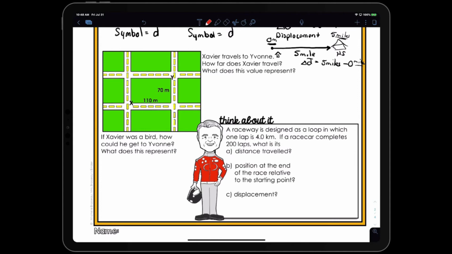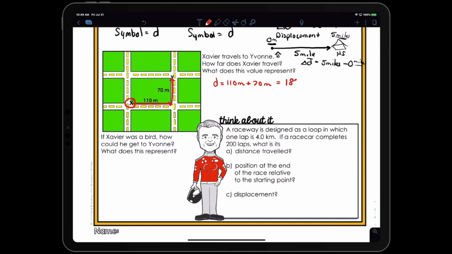So we have Xavier travels to Yvonne's house. And it says, how far does Xavier travel? Okay, so if Xavier starts at his point of origin right here, the X, and he travels 110 meters to the right, and then he travels 70 meters to the north, the total distance here that Xavier would have traveled would be the 110 meters plus the 70 meters.